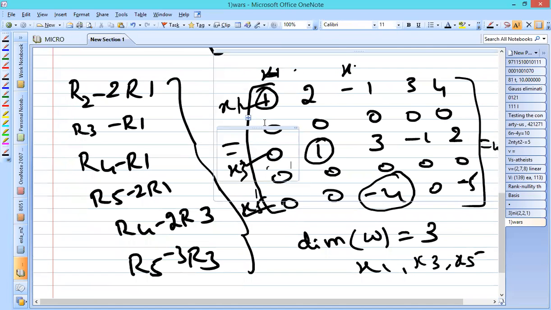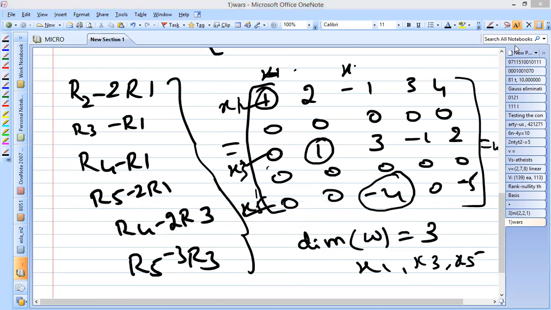The number of non-zero rows represents the dimension of W. And along with that, the pivot rows x1, x3, x5 represent the basis of the subspace.